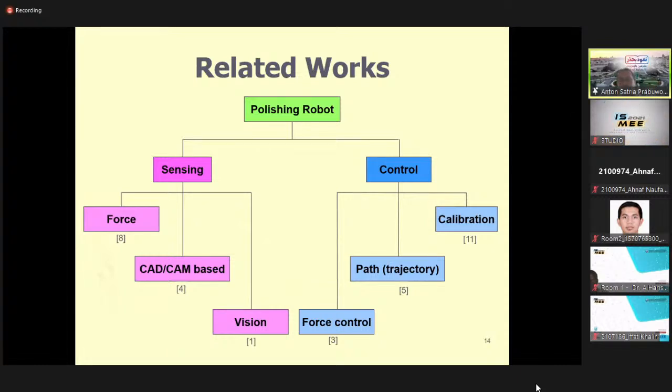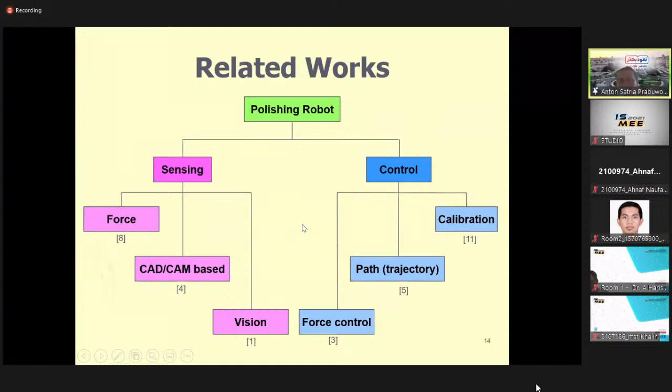And the second one is the control process, involving the calibration, trajectory, and force control. So actually we combine the vision and force sensor or force control in this work.